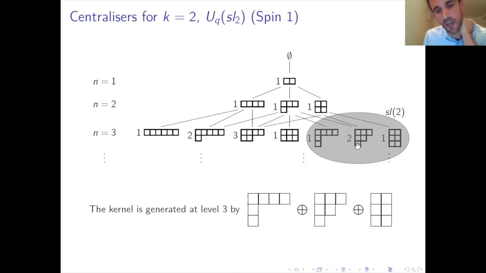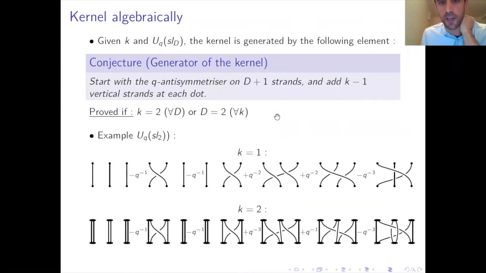And so this is my last slide, and I will end with this. We have actually found that a very surprising, very nice thing turns out to be true. It's a conjecture in general, but I will explain when it's proved or not. We are able to give a generator of the kernel as a single element, very easy to describe. Start with the Q antisymmetrizer as before. So here is an example.